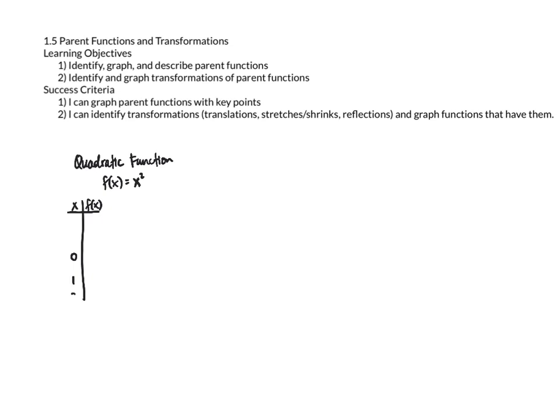So I'm going to go x equals 1 and x equals 2, x equals negative 1 and x equals negative 2. So when you square those x values, you get 4, 1, 0, 1, and 4. And so those 5 points will inform what your parent graph is going to look like.